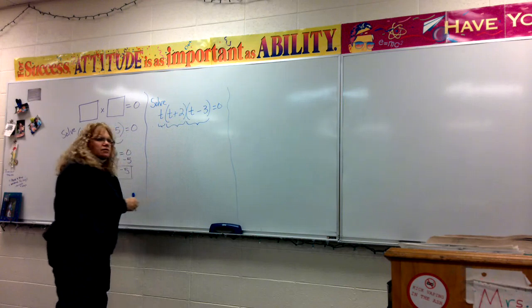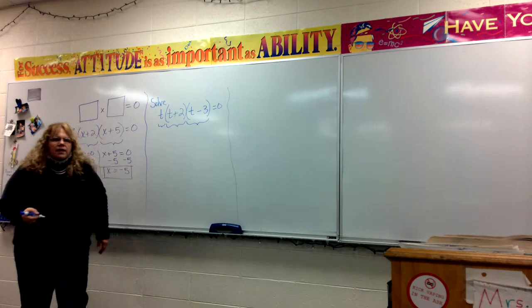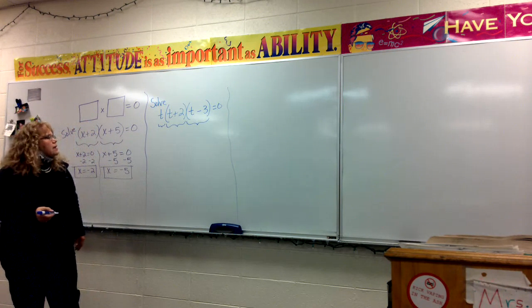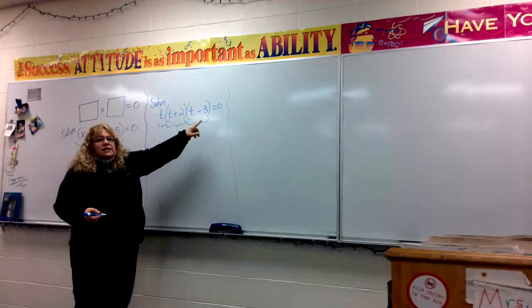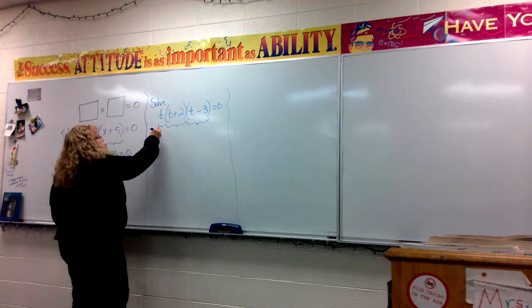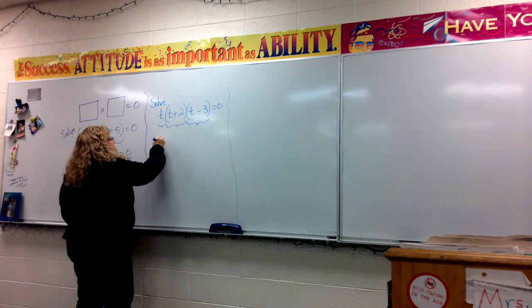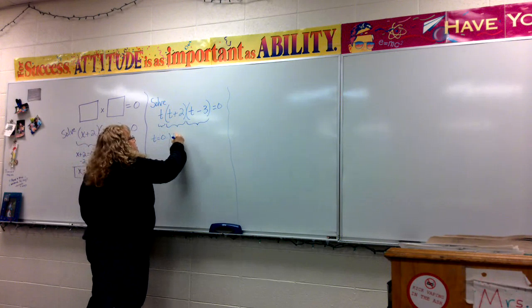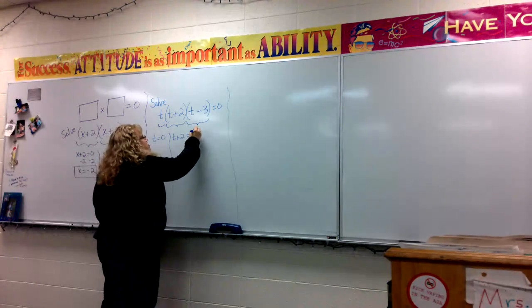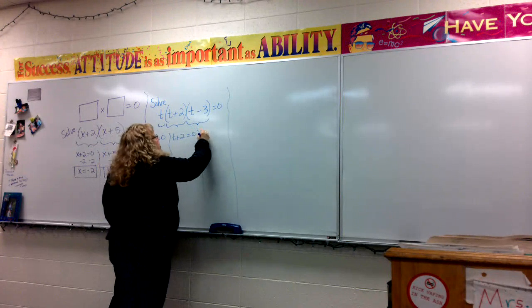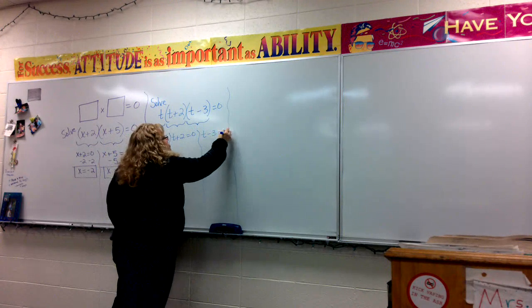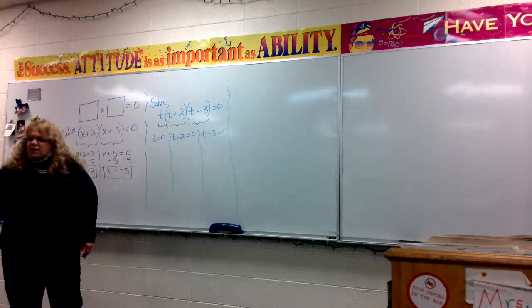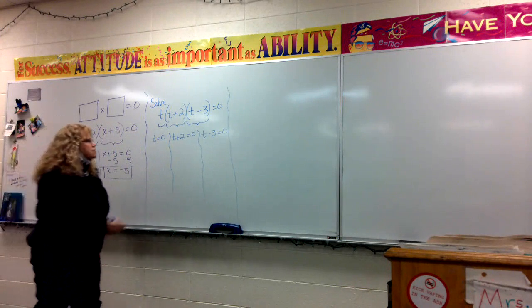And there's one, right? Aren't we multiplying 3 things together? And if we're multiplying 3 things together and get an answer of 0, that means one of these, either t equals 0, or this one, t plus 2 equals 0, or t minus 3 equals 0. And once you get that far, it's pretty easy to solve it, right?